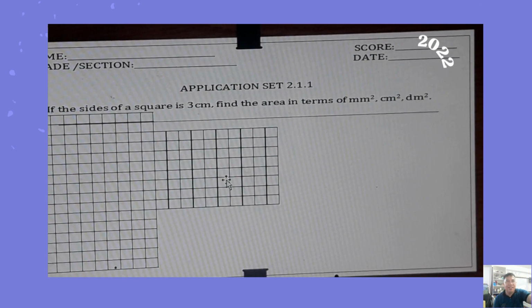I think we need to discuss this later during our class before you answer the problem, so that it will be explained clearly what you're going to do with this activity. So, also you can use metric converter in this case, class.